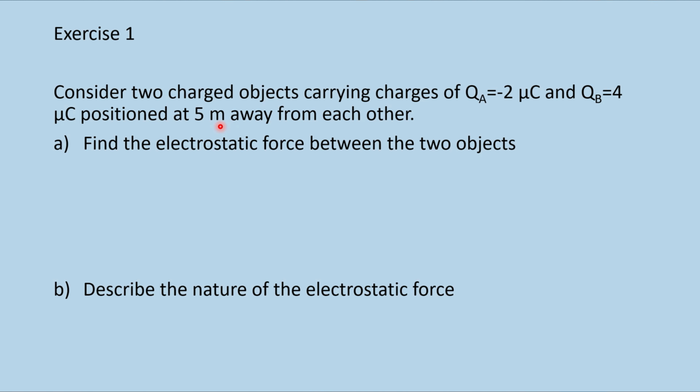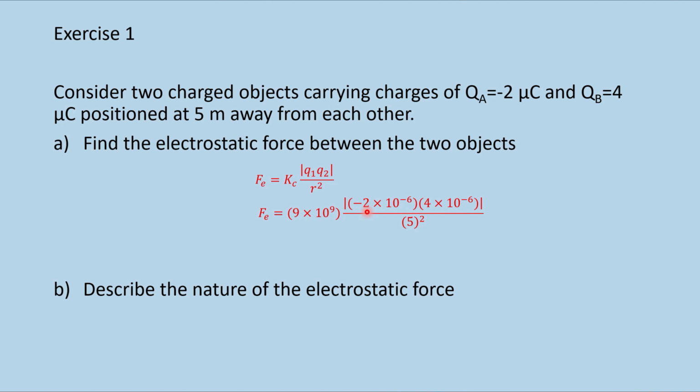To find the electrostatic force between the two objects, since we have the magnitude of the two charges and the distance separating them, then we can use the formula of Coulomb's law. Fe equals Kc Q1 Q2 over R squared. Now we replace: Kc is a constant, 9 times 10 to the power of 9.